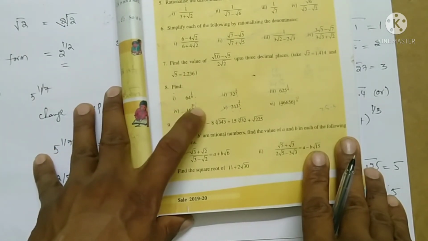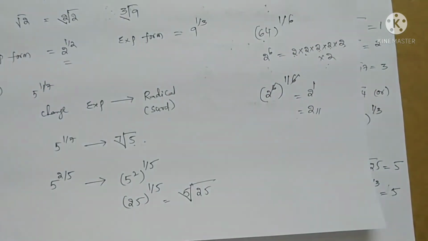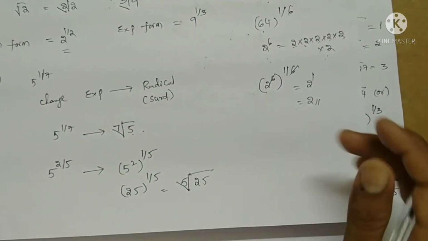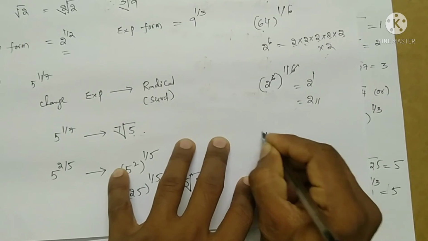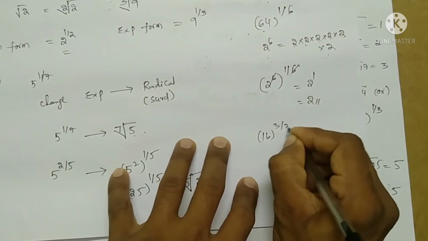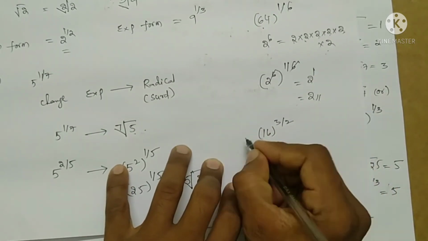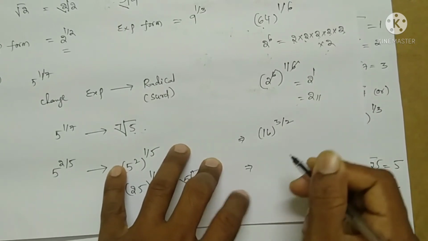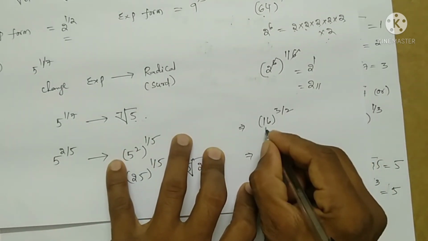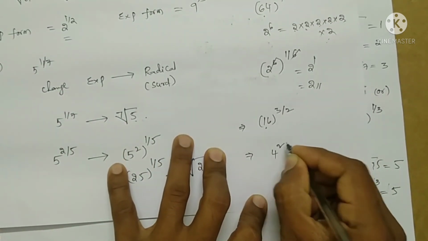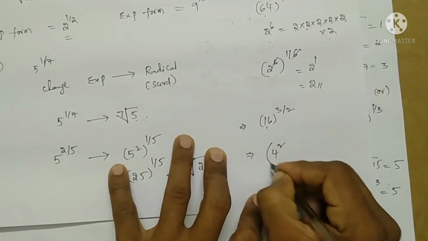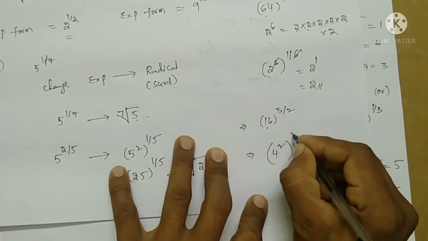Next 16 to the power of 3 by 2. So that is equal to here 16. 16 means 4 square. 4 4s are 16, right? Whole to the power of 3 by 2.